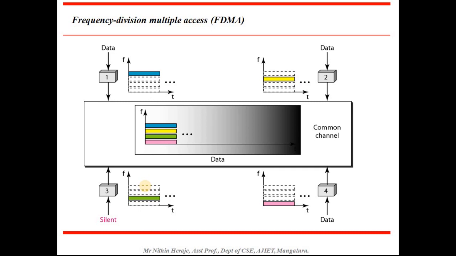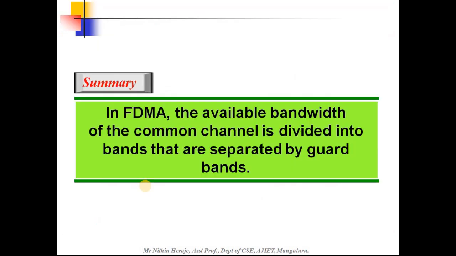Okay, so this is how frequency division multiple access is going to work. All right, so here you have already seen that any station can send data at any point of time through its reserved frequency band. All right. So in FDMA, that is frequency division multiple access, the available bandwidth of the common channel is divided into bands that are separated by guard bands.